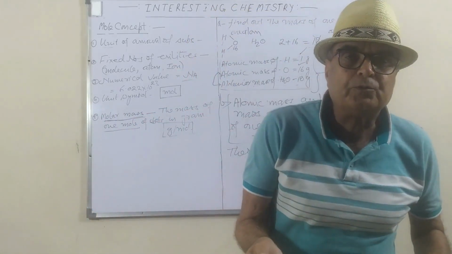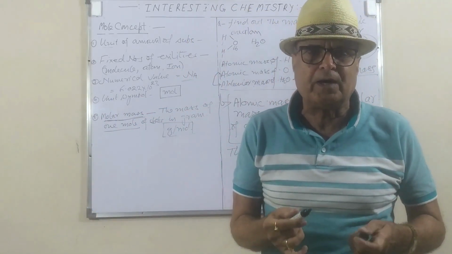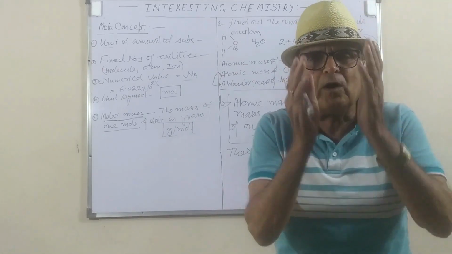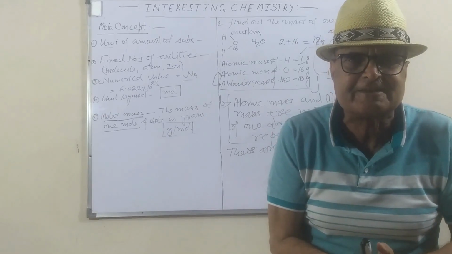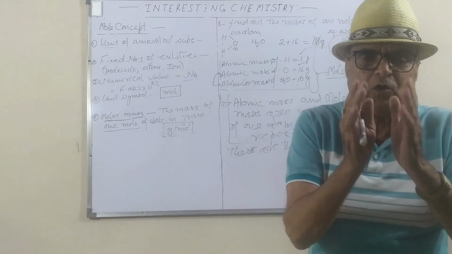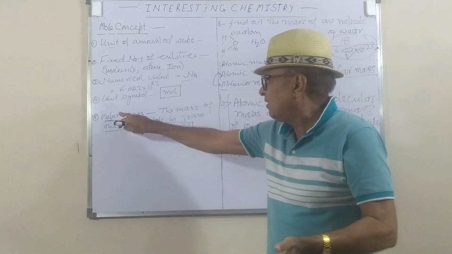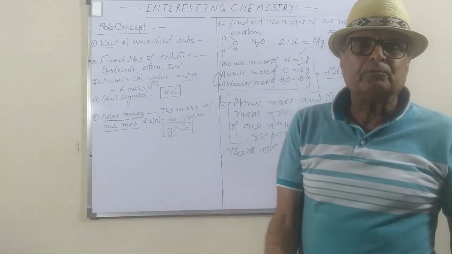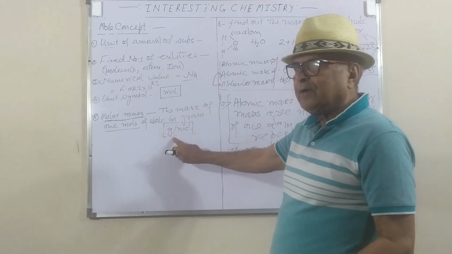If you are asked what is molar mass, you answer: the mass of 1 mole of a substance in gram is called molar mass, and the unit of molar mass is gram per mole.